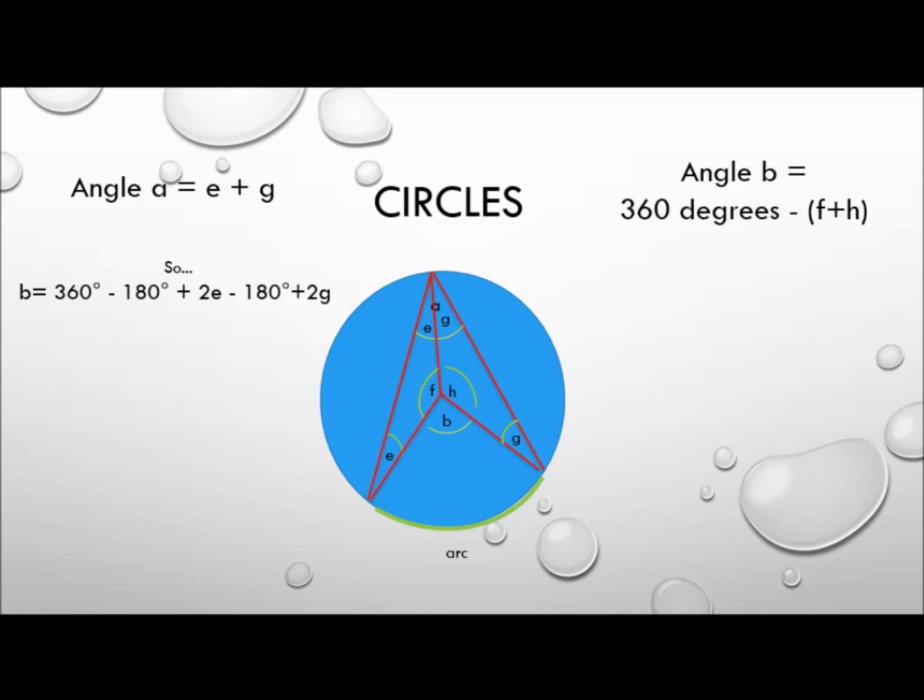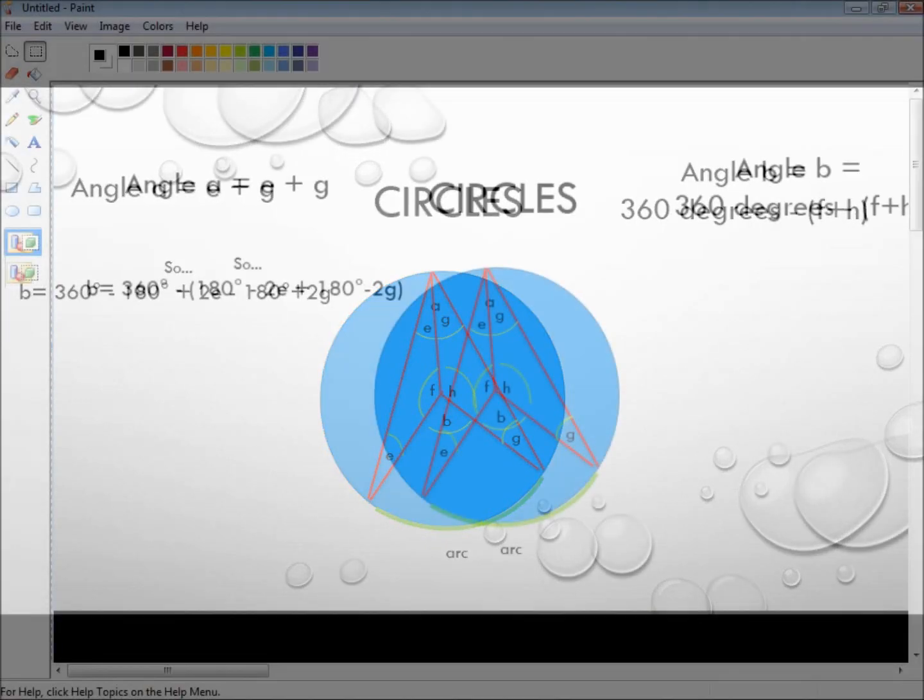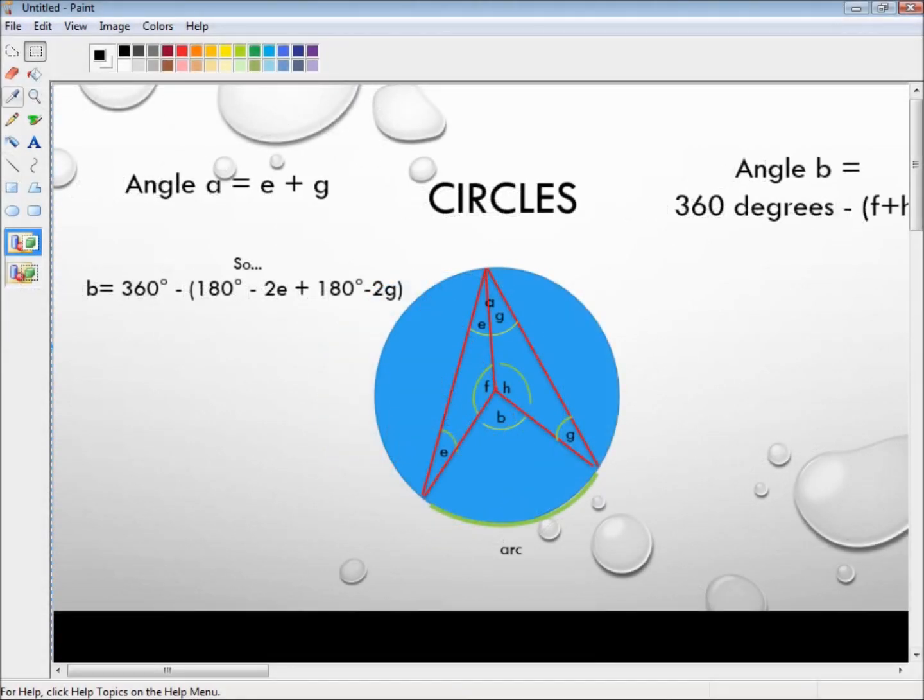How did those minuses suddenly become pluses and those pluses suddenly become minuses, and what happened to those brackets? Okay then, well let's have a look at what we've got here. We've got B equals 360 degrees minus all of 180 degrees minus 2E plus 180 degrees minus 2G.